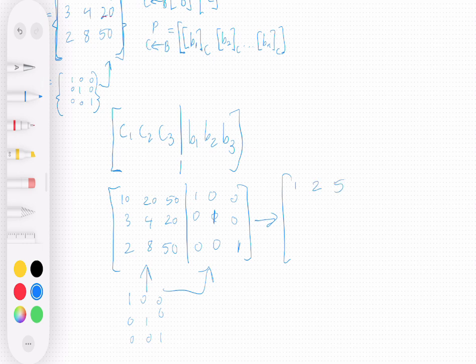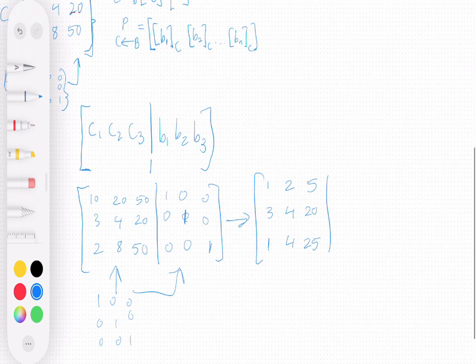We'll divide the top row by 10. This row stays the same, and we can divide the bottom row by 2. If we divide the top row by 10, it becomes like this, and if we divide the bottom row by 2, it becomes like this.